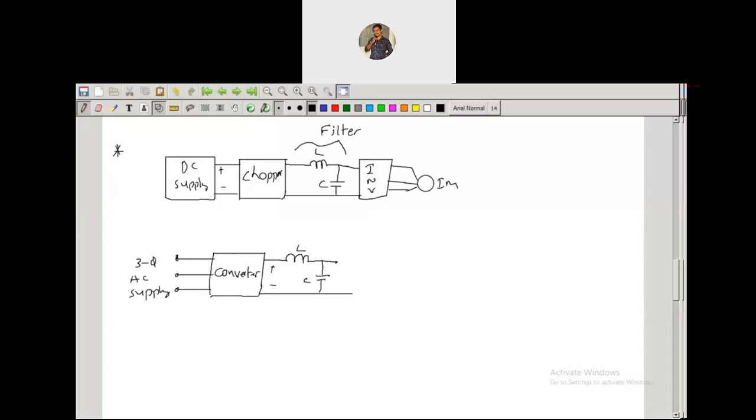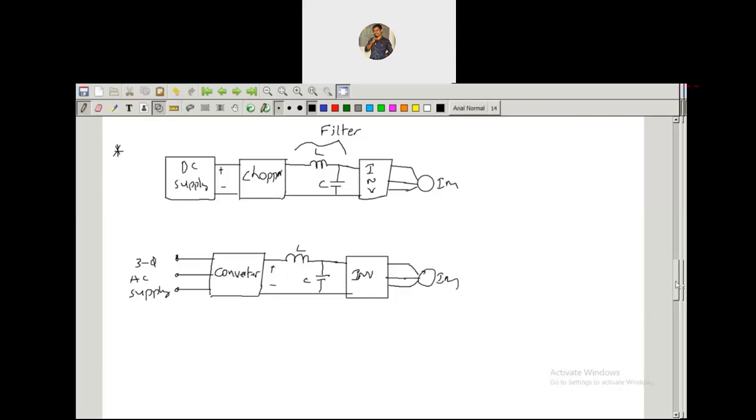This will be given to the filter, and after that it will be given to the inverter, and with this we will drive the induction motor. So these are the possibilities of getting the variable voltage.